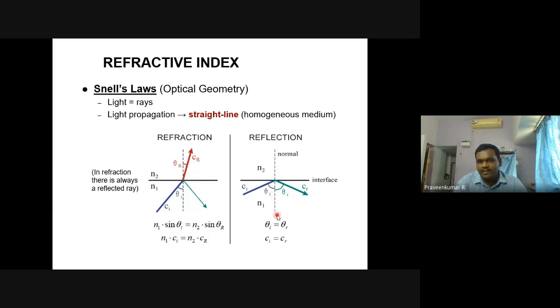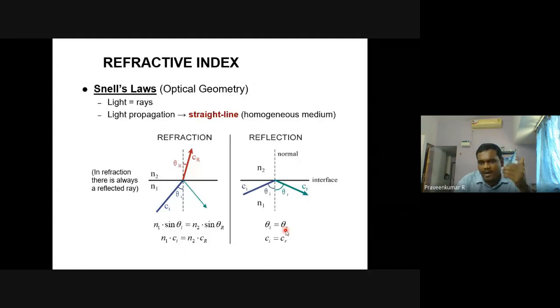Theta I is 35 degrees. Definitely your reflected signal angle will be 35 also. Theta I always should be equal to theta R. If it is not the case, definitely we have to understand that the signal is not propagating properly inside the core material. We have an issue.